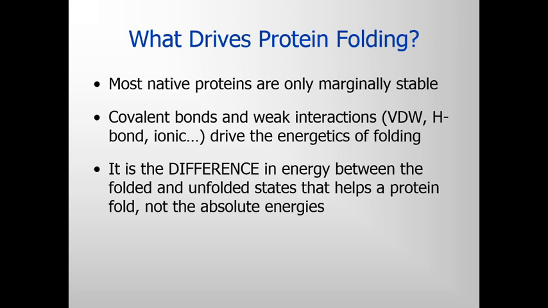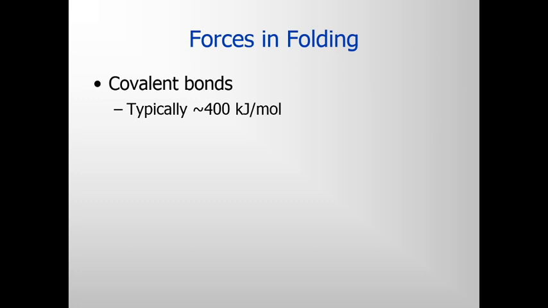Now, when I say energy, what I mean is the difference in the energy between the native, which is the folded conformation, and the unfolded state. Let us look at these forces that are involved in folding. Covalent bonds are pretty strong interactions, right?